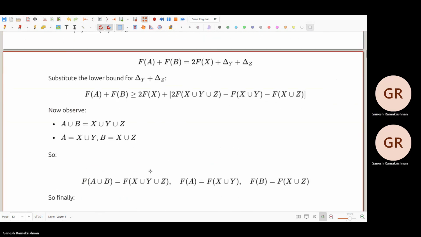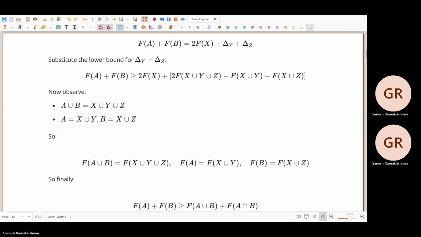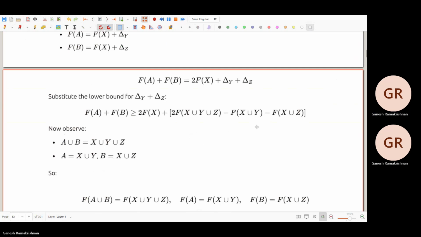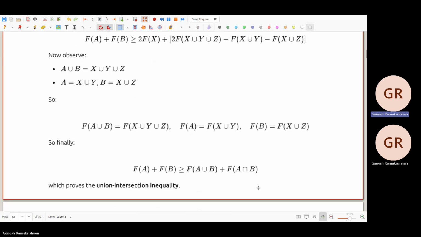Sorry. Yeah, here. f of x union y is f of A, f of x union z is f of B. Okay. And what about the intersection? A intersection B, sorry, is nothing but x, right?